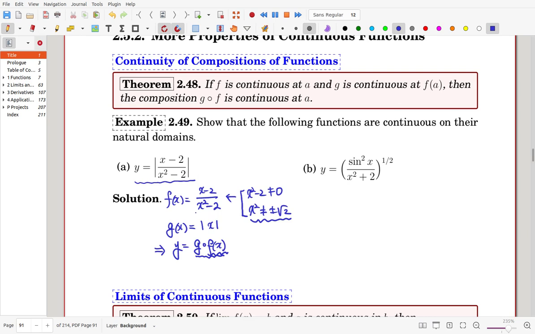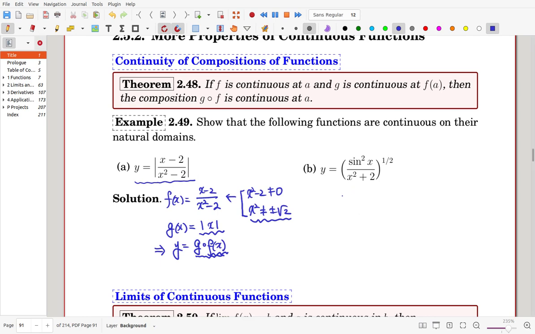So it is continuous in its natural domain, and this is a continuous function, so their composition must be continuous. So we prove that this function is continuous on its natural domain.